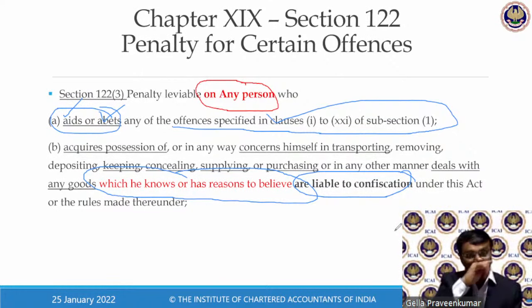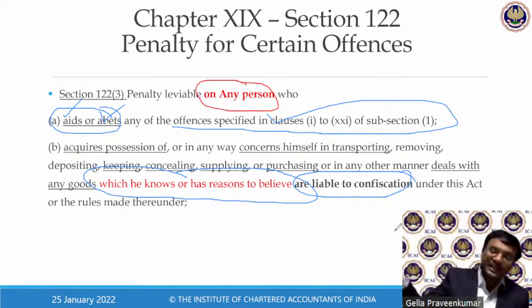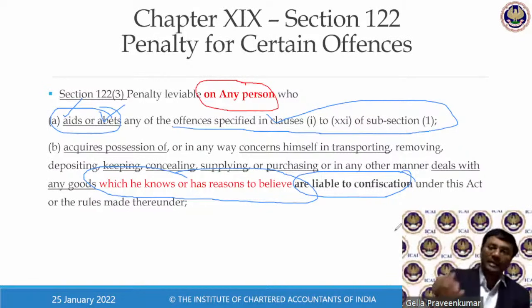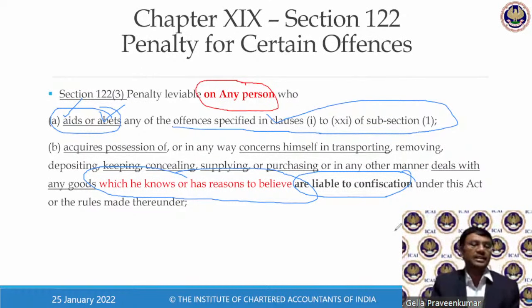Now, a person who acquires possession or is concerned in transporting, taking from the customs port, depositing, keeping, concealing, hiding, supplying or purchasing, knowing or having reason to believe that these goods are liable for confiscation, is covered under clause 2.